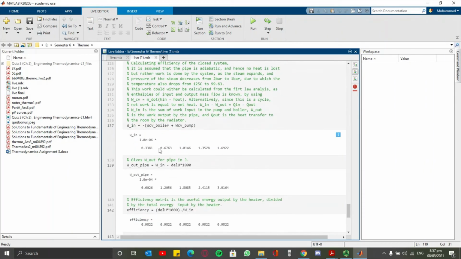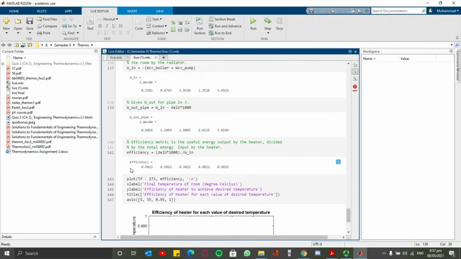So we had to calculate the efficiency for each subsystem. So again Wn, which is the total work of boiler and pump combined. So we calculated this for each desired value, and for the work out we subtracted the del U from the Wn.